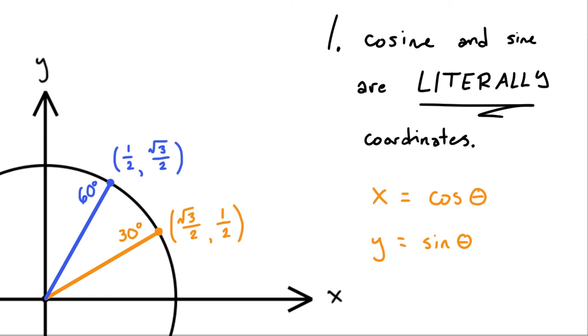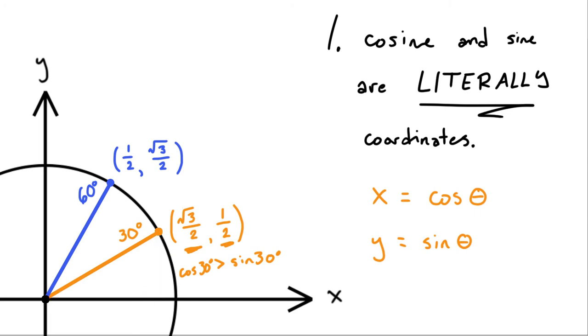So if you think about this visually, we can see that for 30 degrees, the x-coordinate of that point has to be greater than the y-coordinate, which is consistent with the ordering of root 3 over 2 comma 1/2, rather than the other way around. In other words, the visual sense that we get from coordinates tells us that the cosine of 30 degrees has to be greater than the sine of 30 degrees.